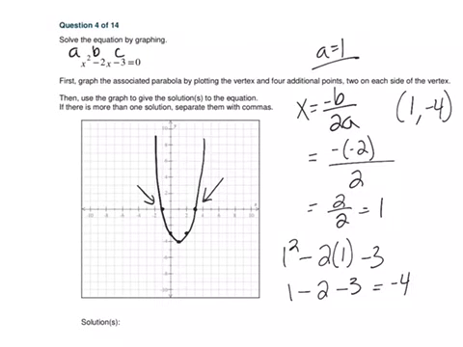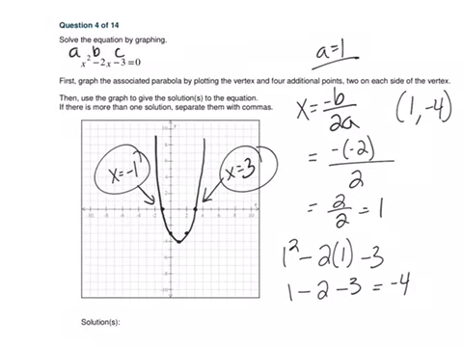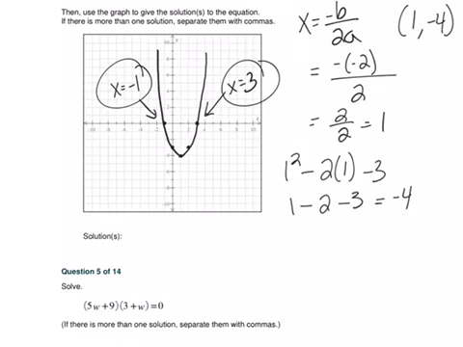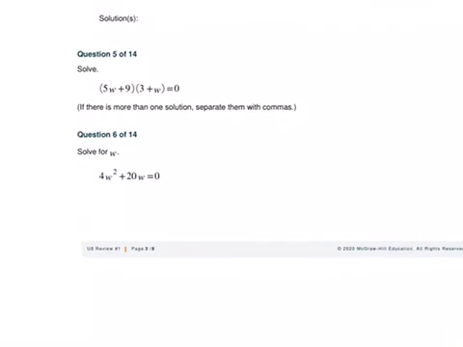So my 2 solutions for this one would be x is equal to negative 1 because it hits negative 1 on the x-axis, and x is equal to 3. Those are my 2 solutions because they hit at negative 1 and 3 on the parabola. Okay, so that's how you do question 4 on the test.